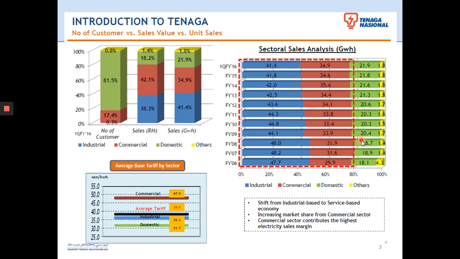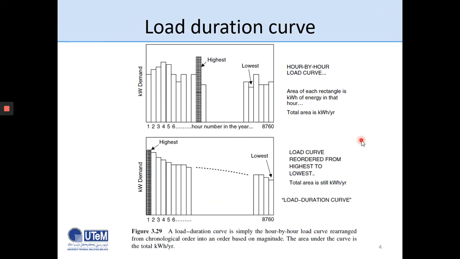Okay, so how does TNB manage the cost and the energy, the preparation of energy supply? So we need to understand the concept of load duration curve. Okay, for simplicity, we take the hourly energy demand in terms of kilowatt, so hourly power demand.